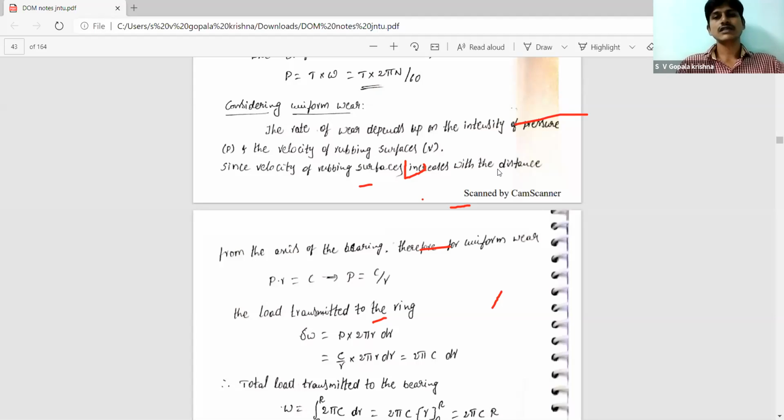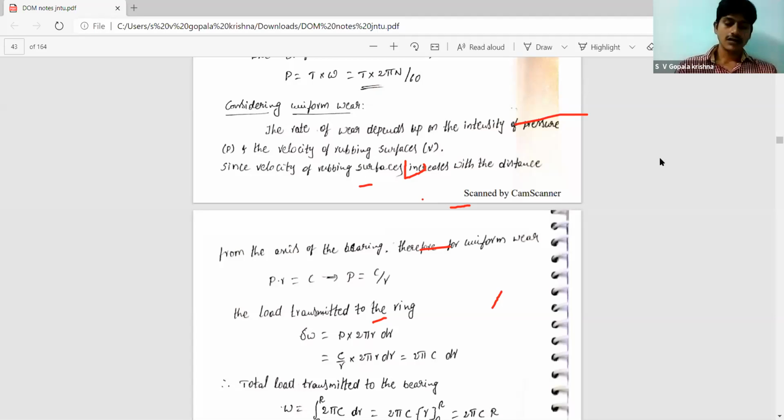Since the velocity of rubbing surfaces increases with the distance from the axis of the bearing, that depends upon the distance from the axis of the bearing.